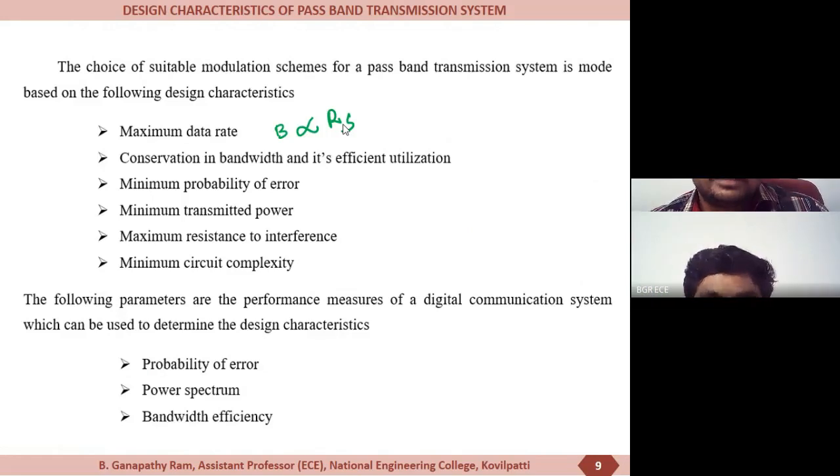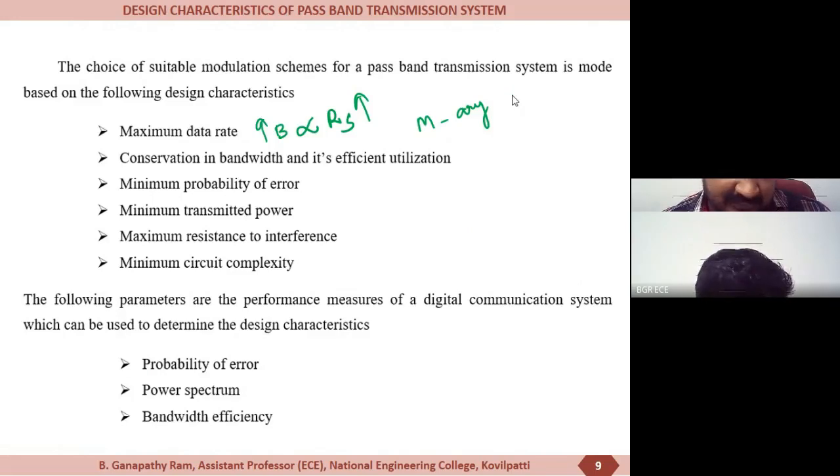Moreover, if the data rate is higher, the bandwidth will be sufficiently large. If we want to accommodate more users, then the bandwidth requirement will be higher, so we can choose a proper M-ary value to reduce the bandwidth, which is also specified in the next point, the conservation of bandwidth and its efficient utilization.